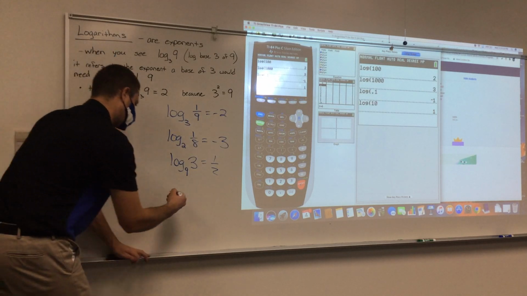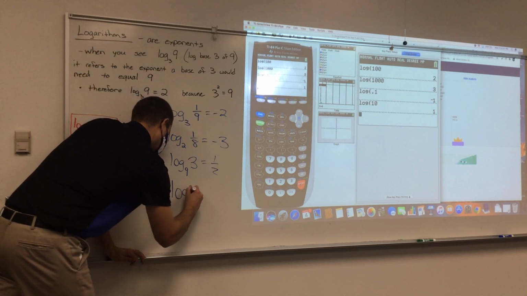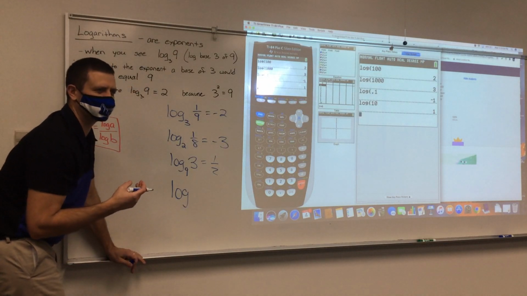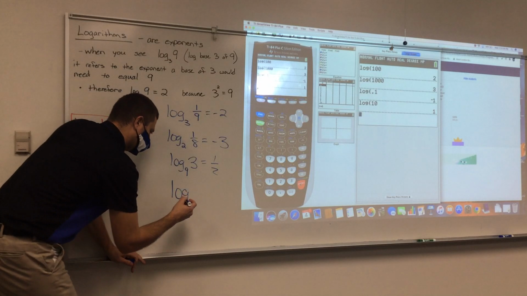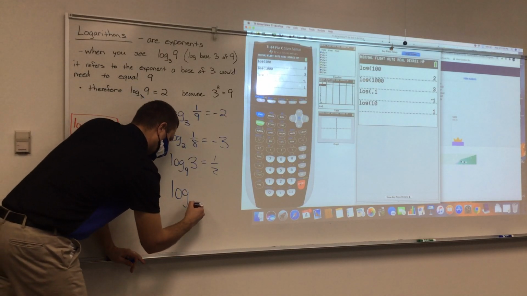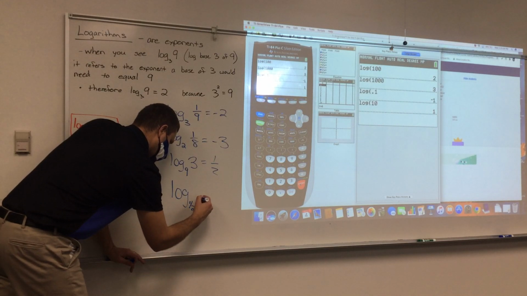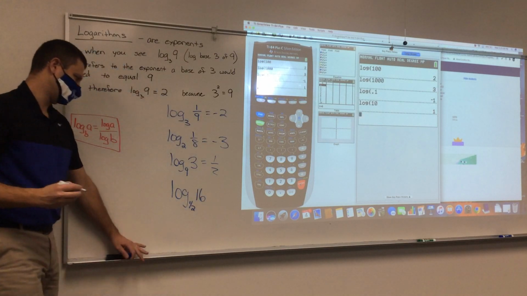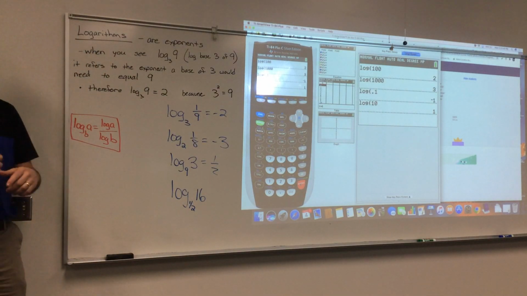I'll try to make one real tough. And then I'll show you how we can use our calculators if we need to. Log base 1/2 of 16.